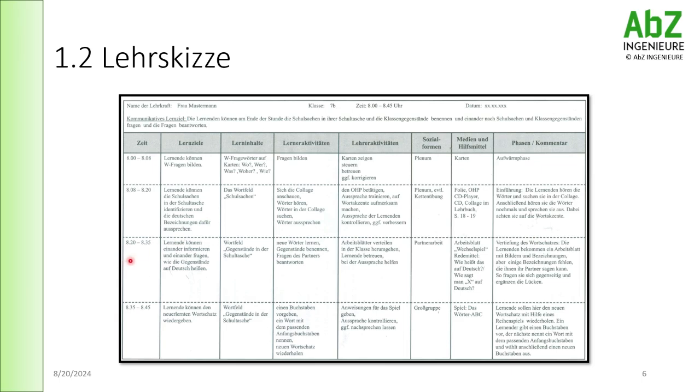Then for the next 15 minutes, the students' Teil-Lernziel is basically they are going to talk to each other and talk about the school elements or Schulsachen in German. So the Lerninhalt is again Sachen in der Schultasche. What is in each other's school bag is being discussed. They are going to learn new words and they are going to exchange that with the partners.